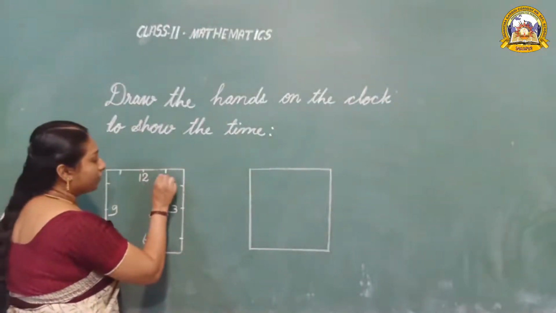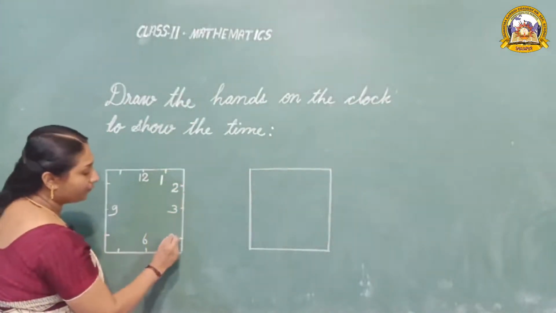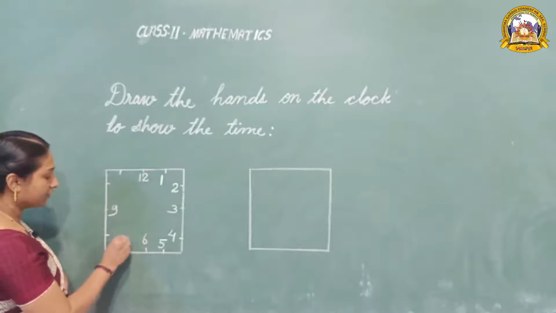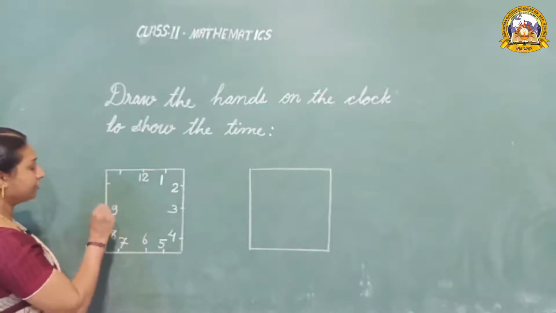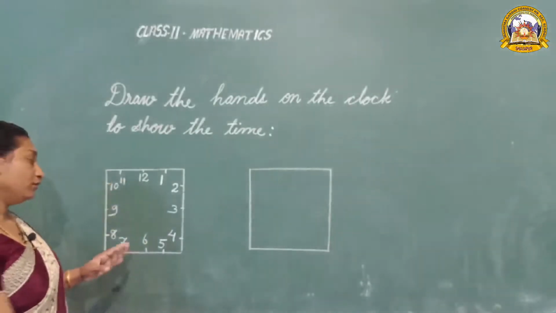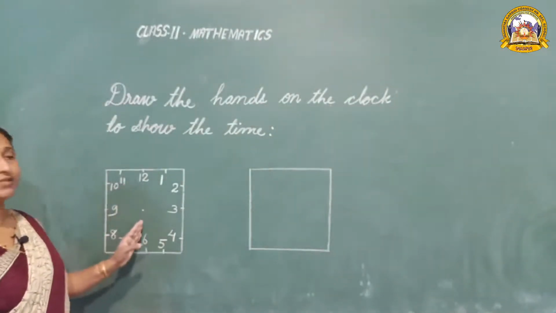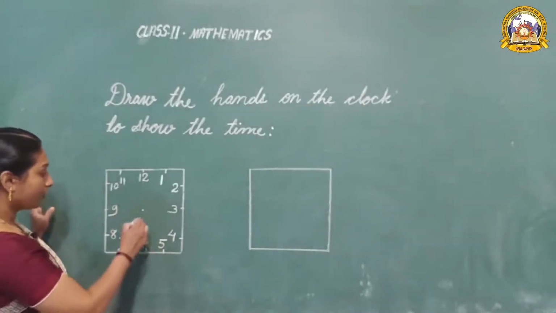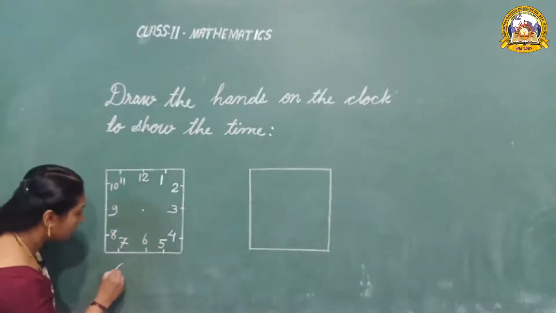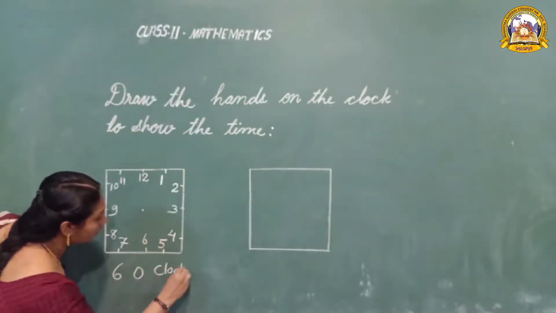Now let us start to give the numbers from 1, 2, then 3, 4, 5, 6, 7, 8, 9, 10, 11. Now next step, we have to give the point of the middle of this square. Then here the time is given, 6 o'clock. 6 o'clock. C-L-O-C-K, clock.